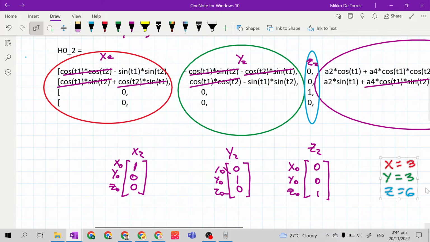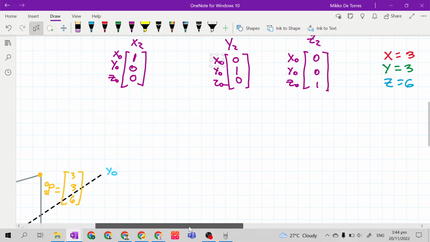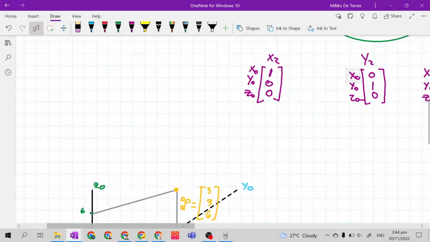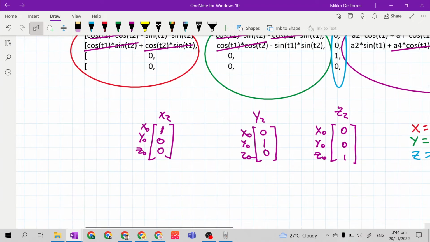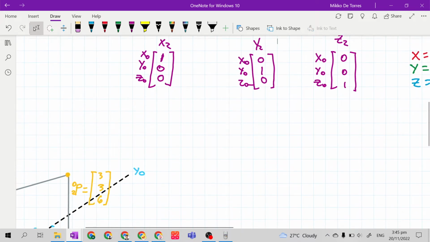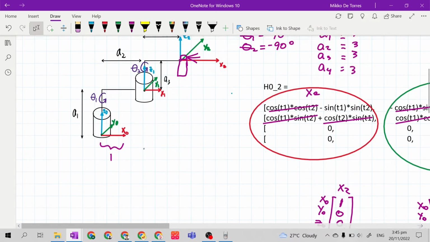So the position vector is already plotted in this table. So how will you plot the rotation matrix or the vector form of the x sub 2, y sub 2, and z sub 2 in this table? If you remember, class, let's go back to the original drawing.